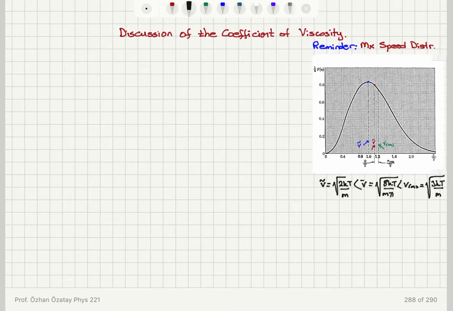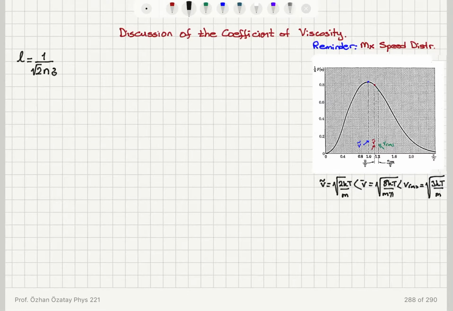Let's discuss the consequences of our calculation of the coefficient of viscosity. We can recall that the mean free path, that is the mean distance between successive collisions, we have estimated to be 1 over square root 2 times the number density n times the scattering cross section sigma.